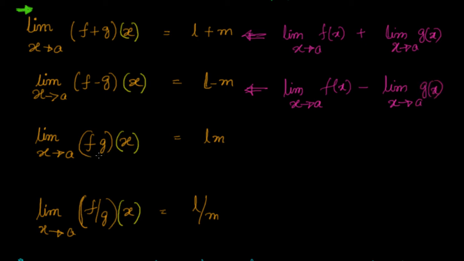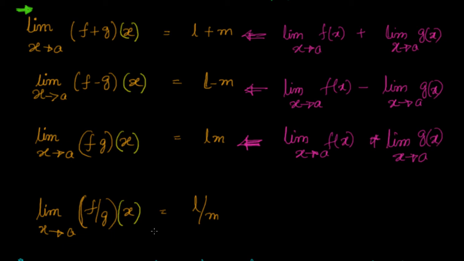Similarly, the limit of a product is nothing but the product of limits, equal to the limit as x tends to a of f of x into the limit as x tends to a of g of x.